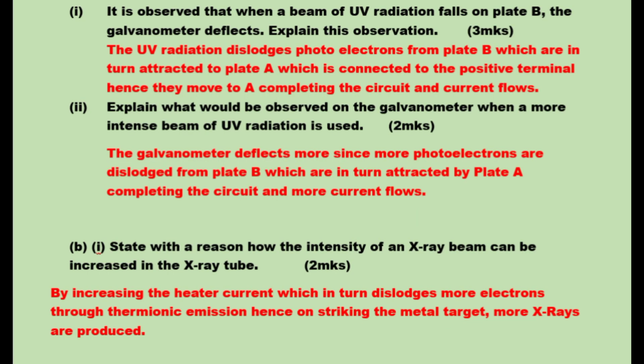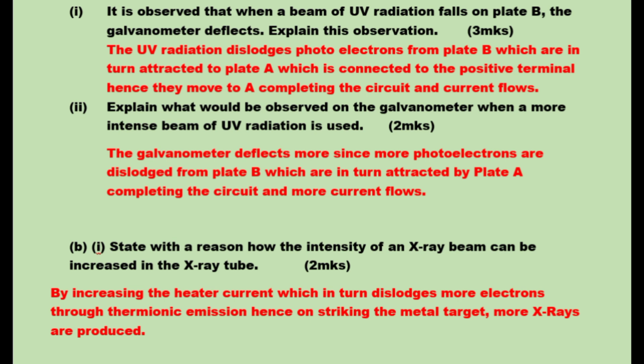B Roman 1. State with a reason how the intensity of an X-ray beam can be increased in the X-ray tube. By increasing the heater current, which in turn dislodges more electrons through thermionic emission. Hence, on striking the metal target, more X-rays are produced.